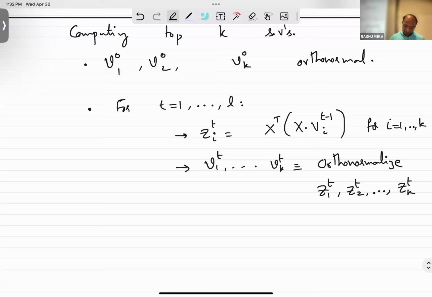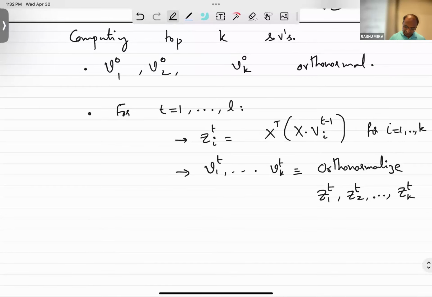Okay? This is subspace iteration. There are many, many variants of this.